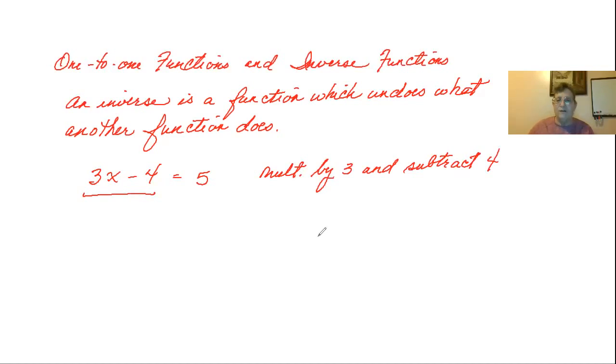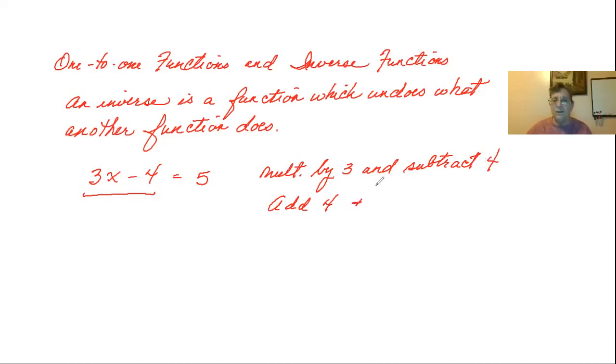The inverse of that is to not only change multiplication to division and subtraction to addition, but also to reverse the order. So the inverse of this would be to add 4, because before the last thing was to subtract 4, so now the first thing is to add 4.